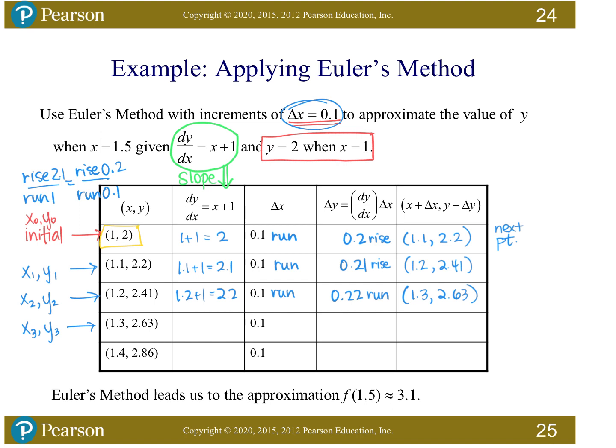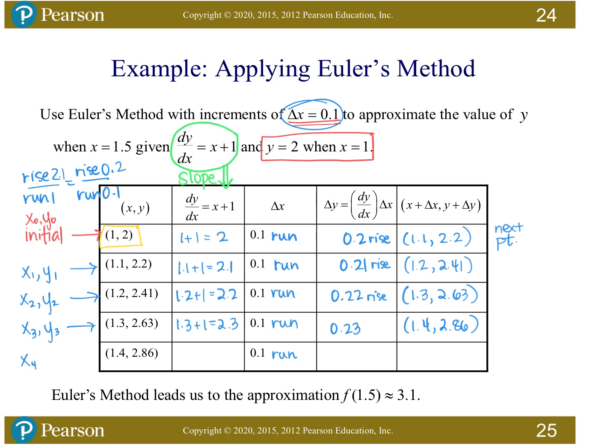And my slope will become 2.3. The run stays the same. All of these are always the runs. Oops, I noticed I just wrote run instead of rise. My rise would be 0.23, giving me 1.4 and 2.86.